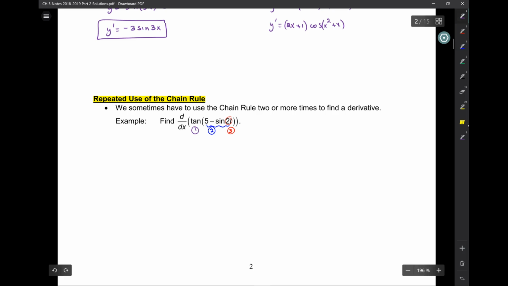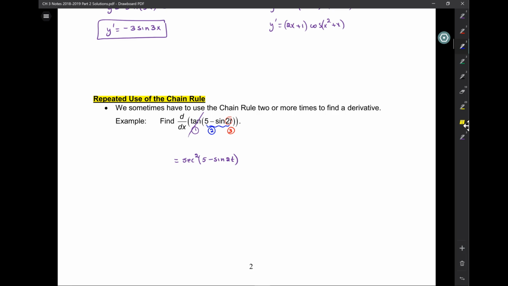So here's how we do this. This is equal to, first of all, the derivative of the outermost, number 1. The derivative of tangent is secant squared, of everything that comes after: 5 minus sine 2t. Done with tangent, cross it out. Next, it's the parenthesis, 5 minus sine 2t.